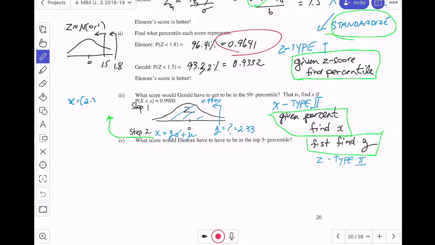Z is 2.33, z standard deviations from the mean. Sigma for Gerald is 6, and then mu is 18.